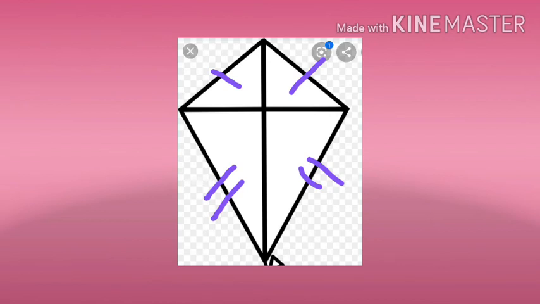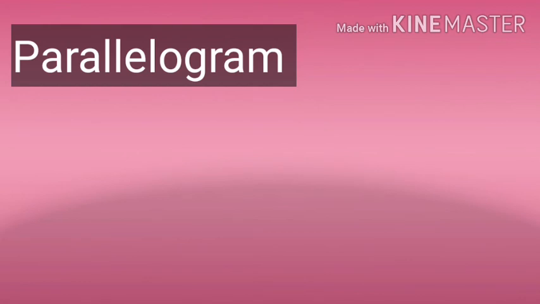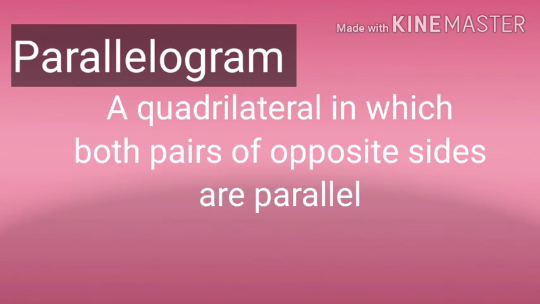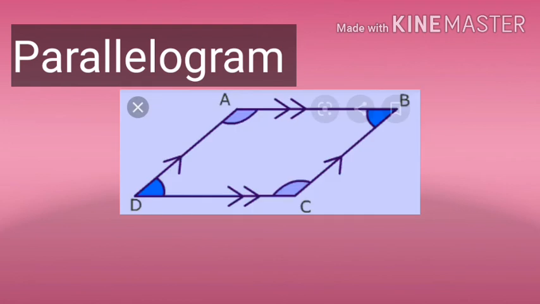The next one is the parallelogram. A parallelogram is also a quadrilateral. A quadrilateral in which both pairs of opposite sides are parallel is called a parallelogram. Observe this figure. Here, this is the parallelogram. Here AB is parallel to CD and AD is parallel to BC.